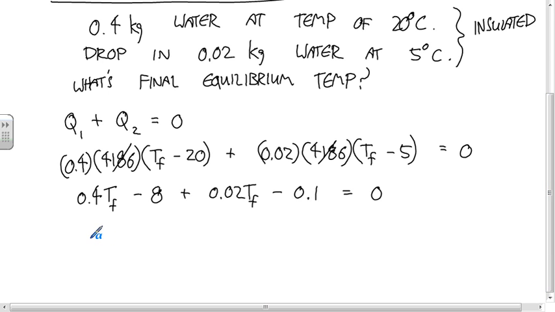And so 0.42 TF is equal to 8.1. And what do you get for TF? Okay, 19.3 degrees Celsius.